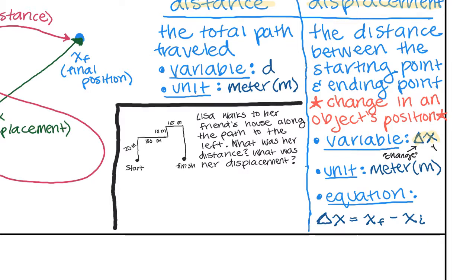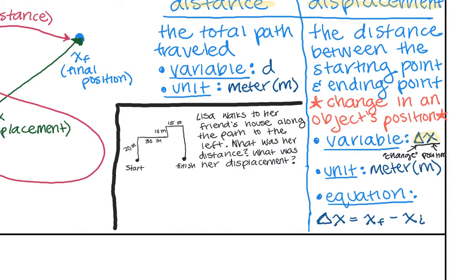And remember that x means position. So we use delta x as our variable for displacement, because displacement describes the change in an object's position.